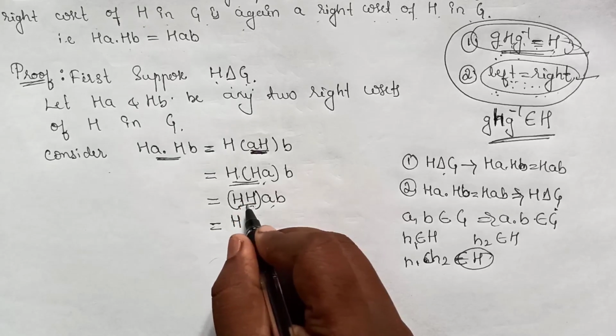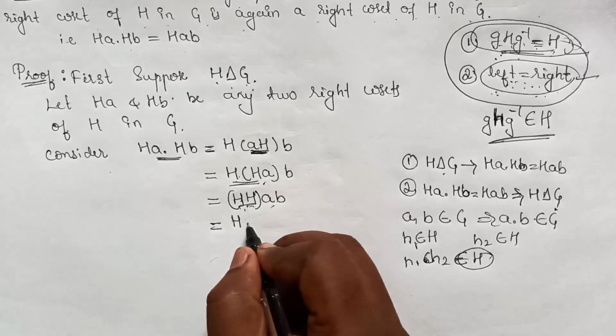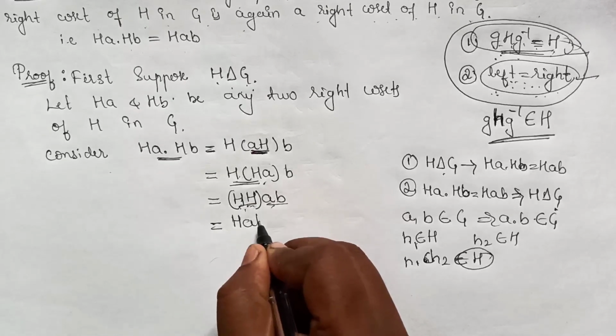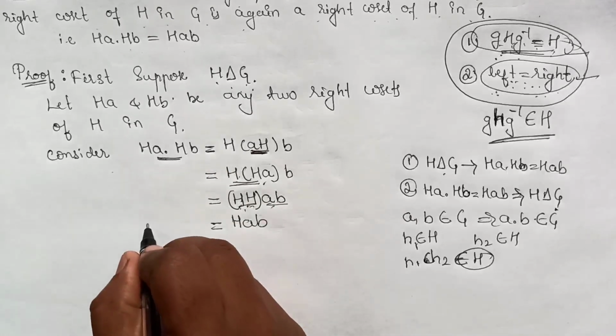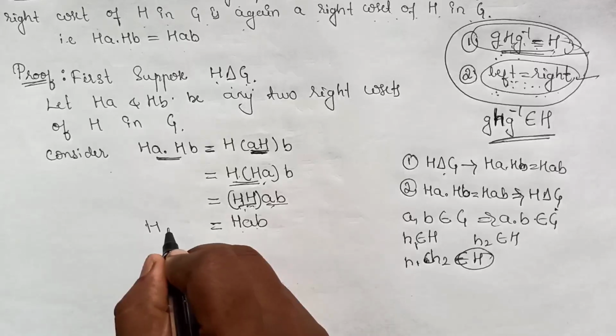So H dot H can be replaced by H, ab as it is. So we have considered here Ha dot Hb and we proved Hab.